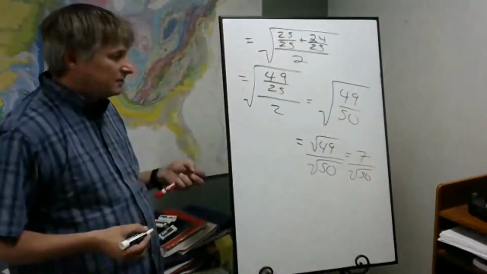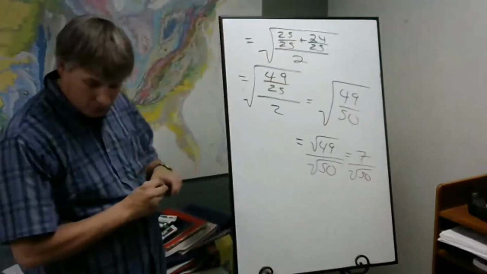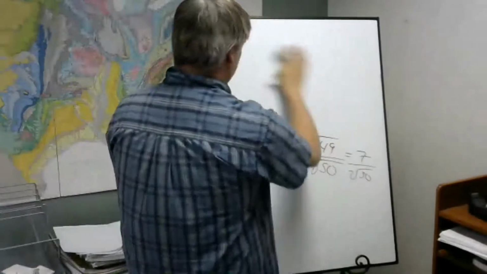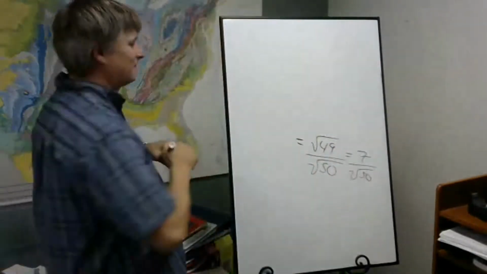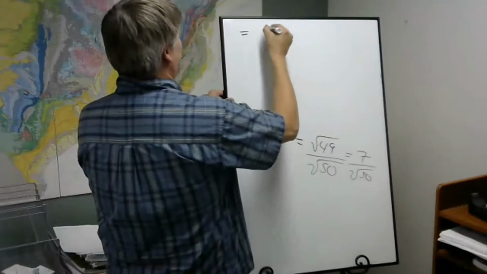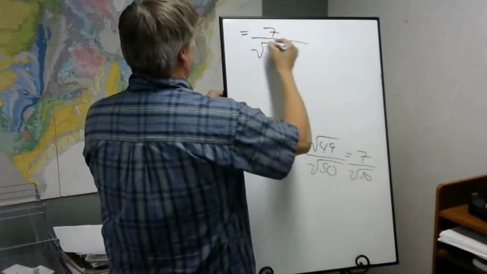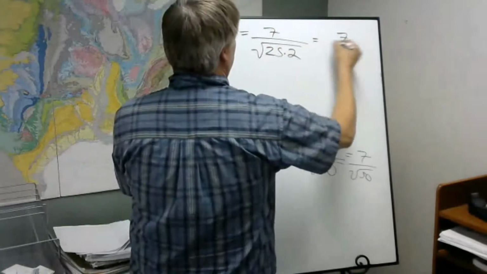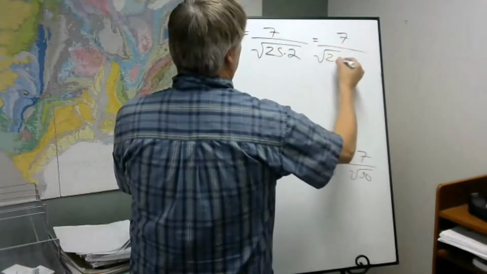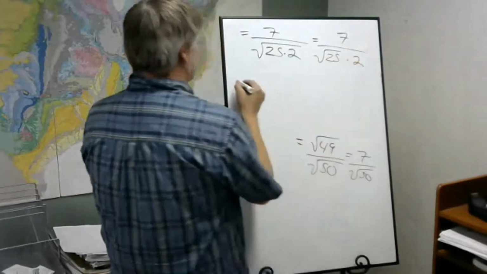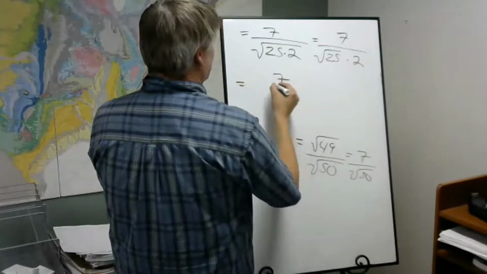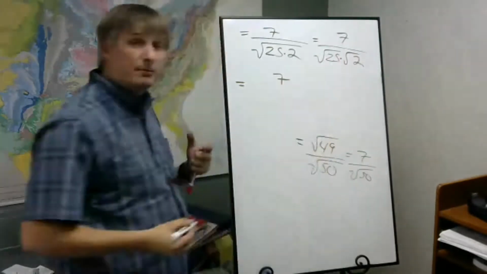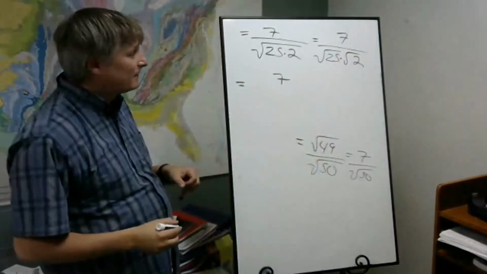Now, square root of 50 is square root of 25 times 2. Back up a little bit. Got to break up my square roots. Don't want to forget that.